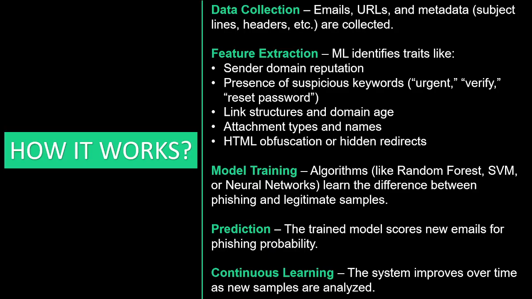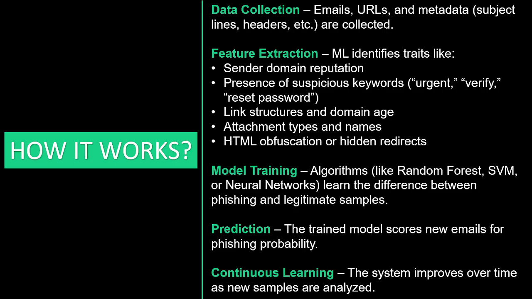Next is feature extraction, where machine learning identifies traits like sender domain reputation, presence of suspicious keywords like urgent, verify, reset password, then link structures and domain age, and finally attachment types and names, HTML obfuscation or hidden redirects. Then you do model training, where the algorithm learns the difference between phishing and legitimate samples.